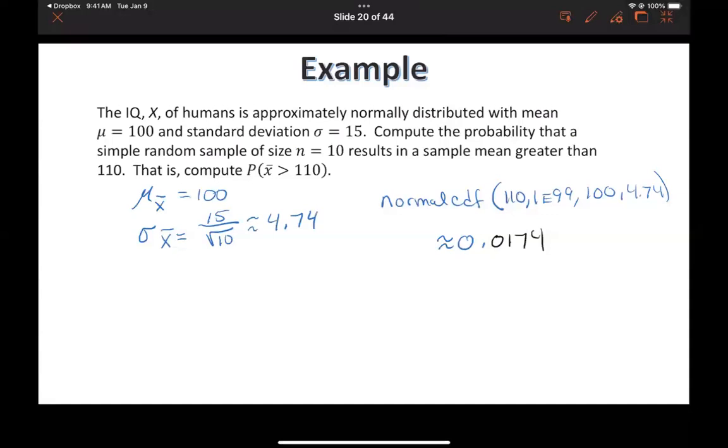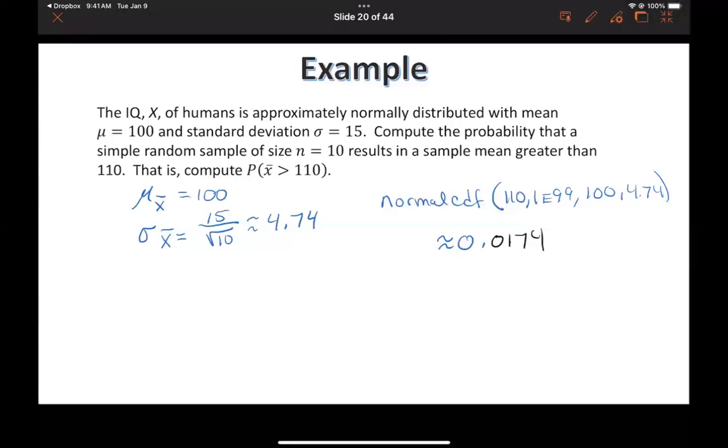Anyone else? Any other questions? Did we all get the same answer? Or in rounding, it could be slightly different, but how'd we do? If you do it the extra math way, it's 0.0175.